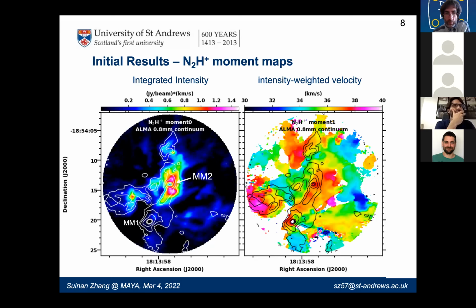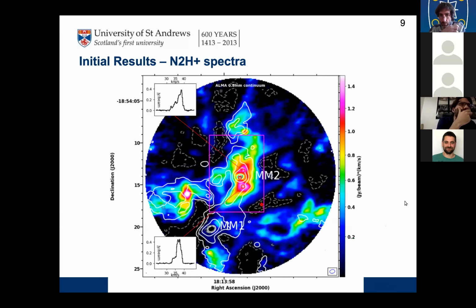So the integrated intensity map on the left panel is showing extensive N2H+ emission in MM2's environment. The intensity-weighted velocity moment 1 map on the right panel, however, suggests very complex kinematics in this gas. Again, I'm showing the integrated intensity map overlaid with the continuum contours.